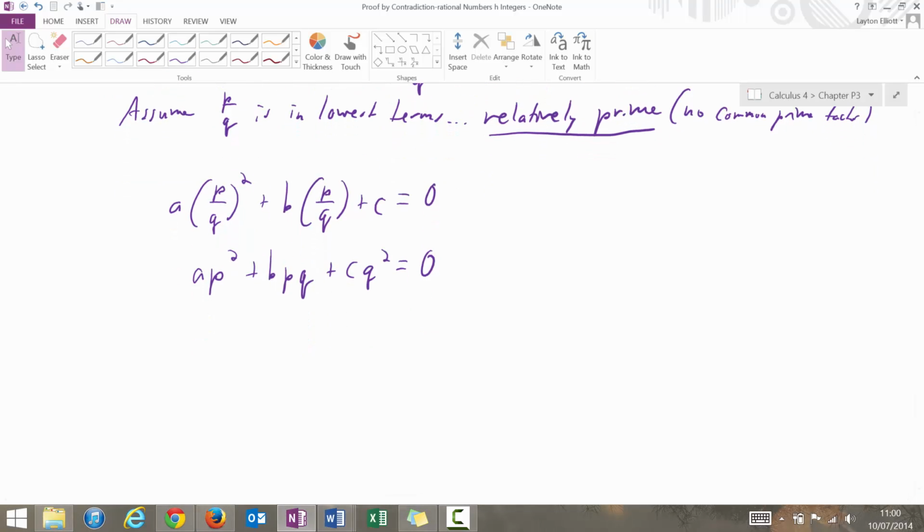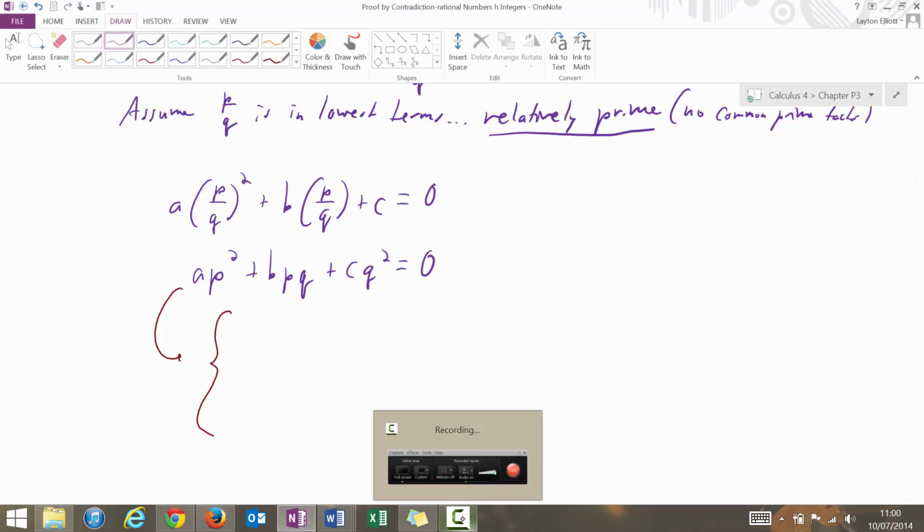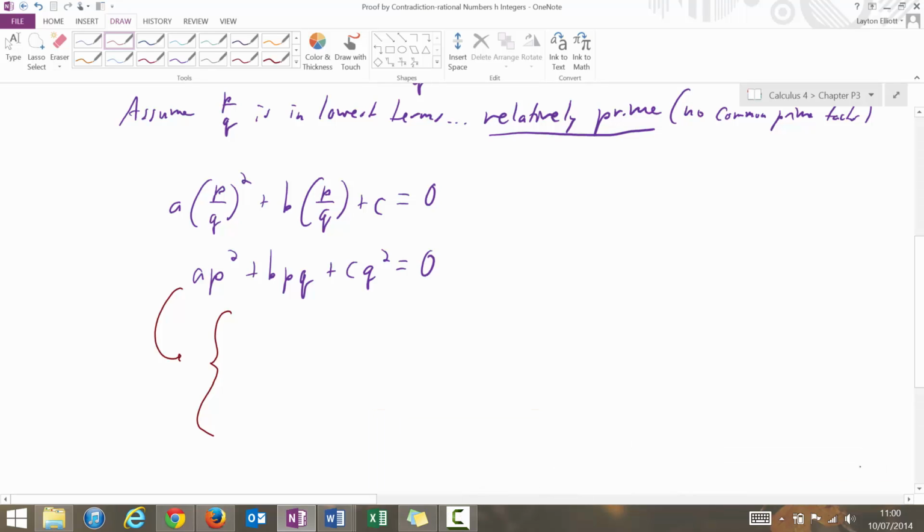And from here, we can start to pull apart and identify our specific cases, our specific possibilities for how this is going to play out. And we're going to do this by analyzing p and q, seeing if they're both odd or both even, or one's even and one's odd.